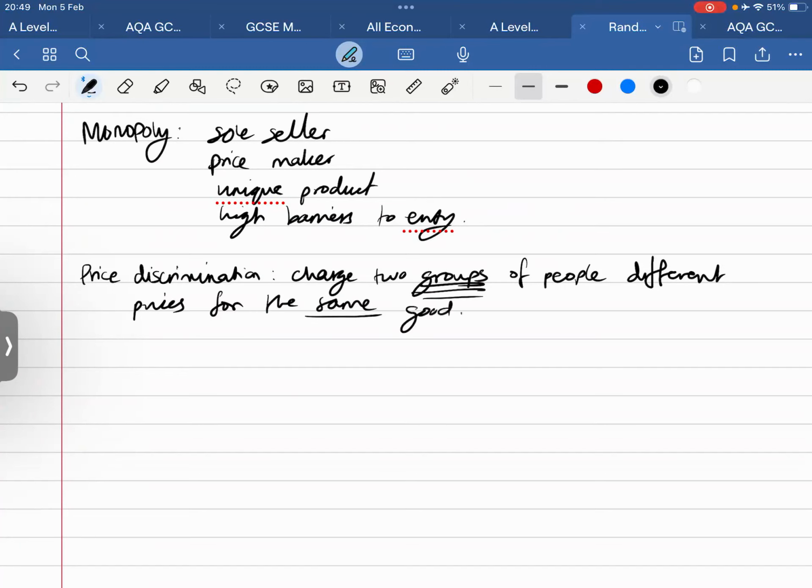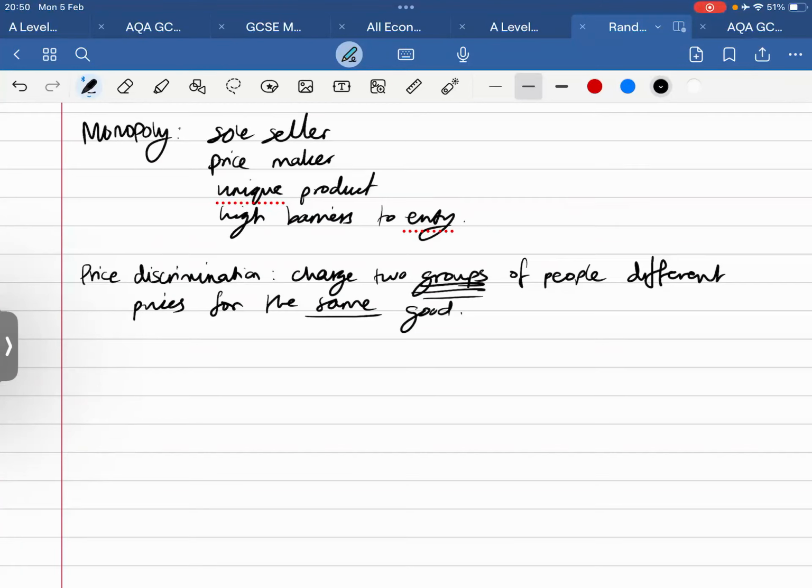For example, actually, I'll give a quick example in real life and then I'll go back to explaining. In real life, you might charge different prices for train tickets, for first class tickets and for second class tickets. But that one is kind of a different good or service.